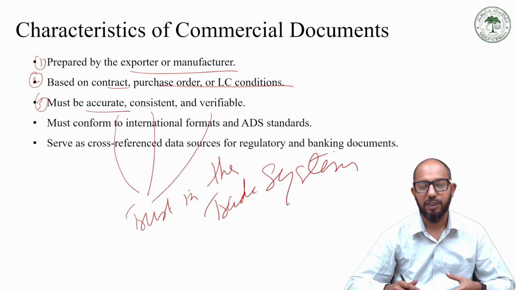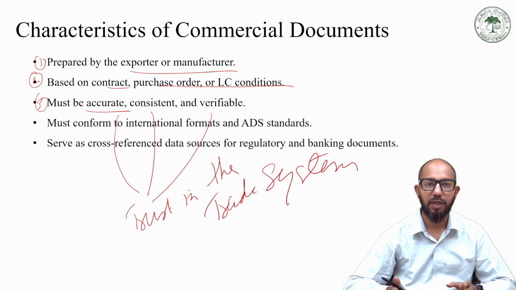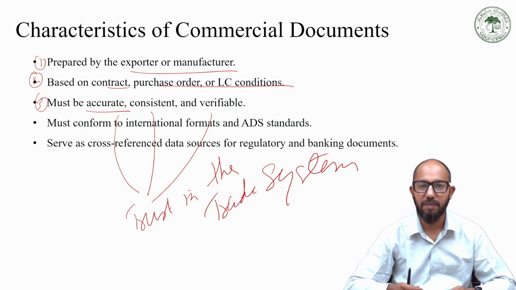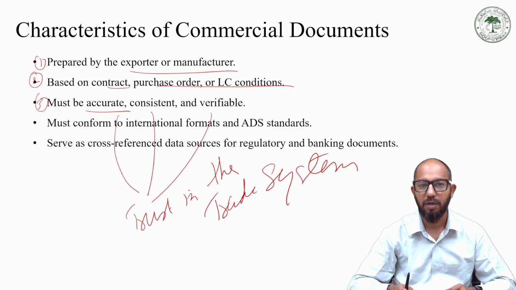Without trust, exporters and importers cannot go for trade. Without trust, international trade cannot be facilitated. Thus, commercial documents ultimately build trust between exporter and importer and in the international markets.